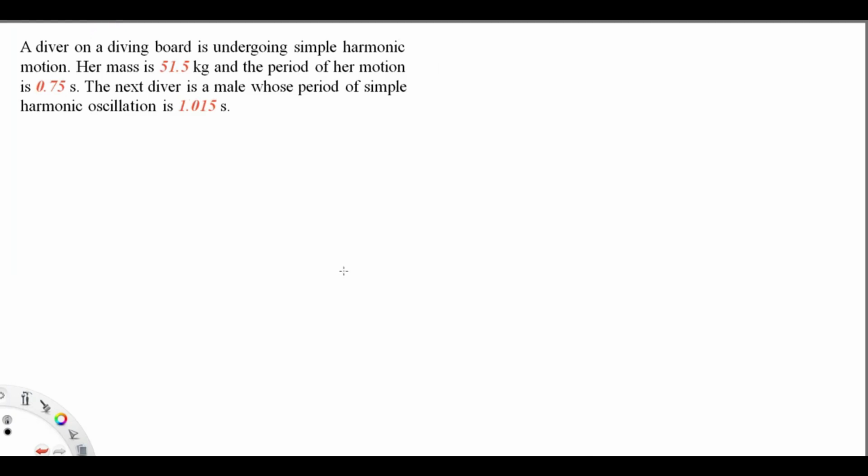A diver on a diving board is undergoing simple harmonic motion. So that's the diving board. Okay, it's going through simple harmonic motion. Our mass is 51.5 kilogram, and the time period of oscillation is 0.75 second.